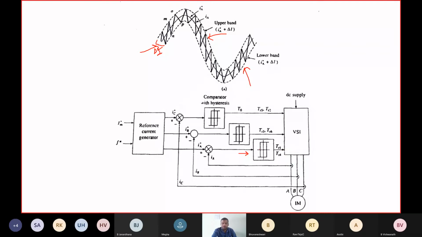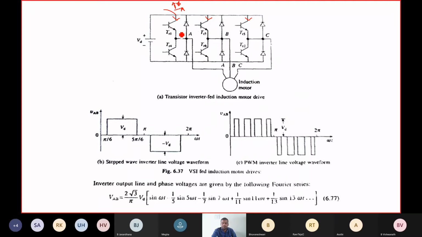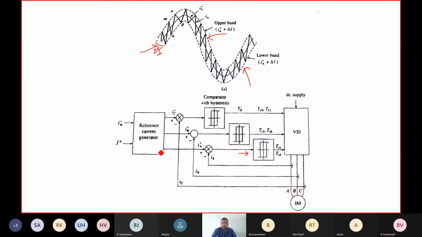Similarly for TR4: when TR1 is off and TR4 is on, terminal A is connected to negative. Here these are terminals A, B, C and phases A, B, C. When TR1 is on, phase A is connected to the positive terminal.